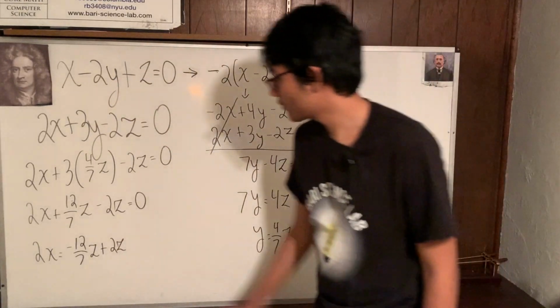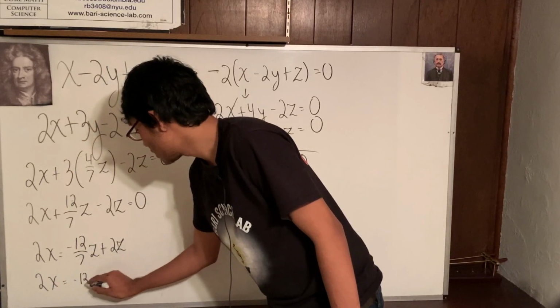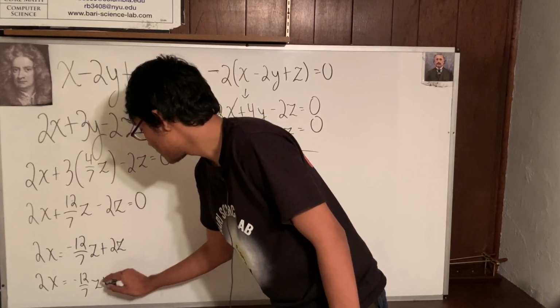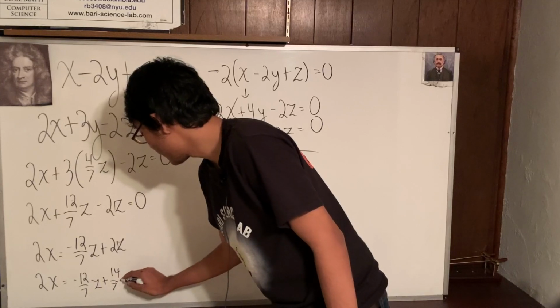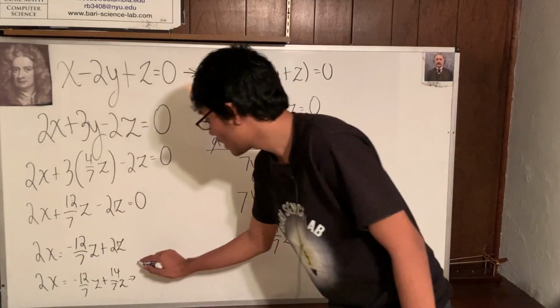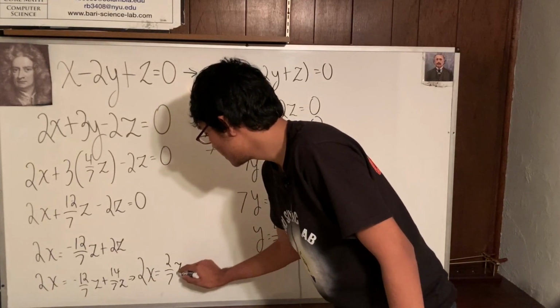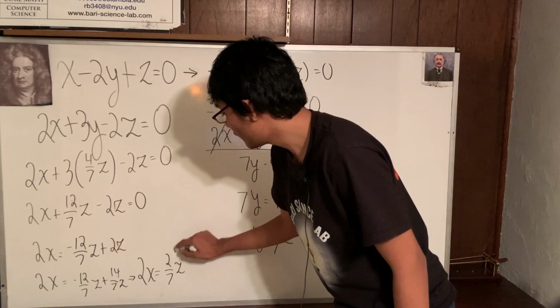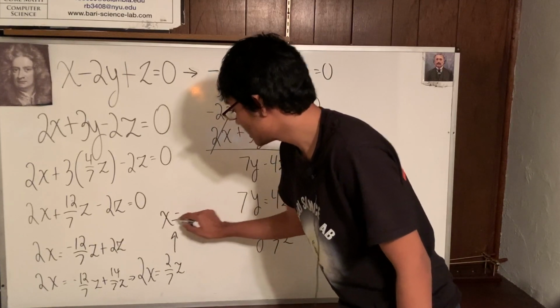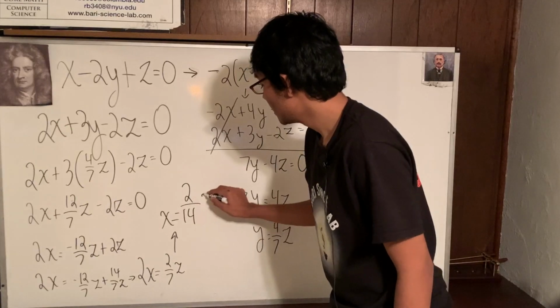Okay, and of course, instead of 2 over here, I can rewrite 2 as 14 over 7z. And what does that become? Well, I'll be left over 2x is equal to 2 over 7z, and that will finally reduce to x is equal to what? X is equal to 2 over 14z.